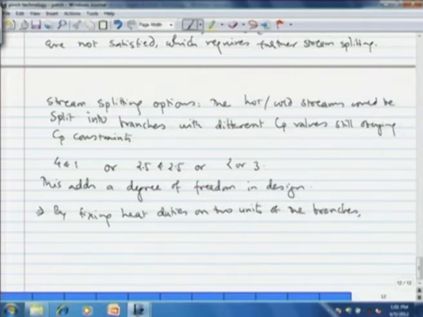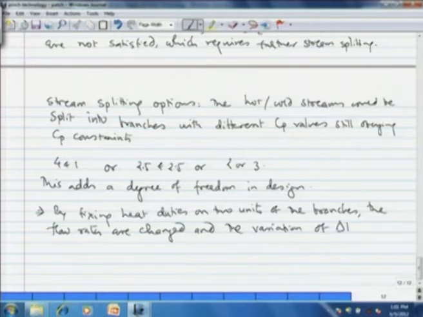of the branches, the flow rates or CP values are changed, and the variation of delta T Lm is noted.